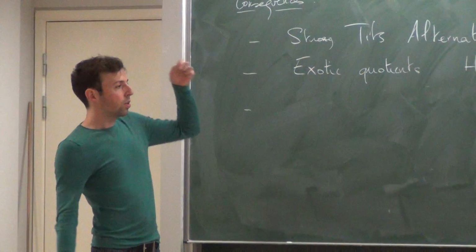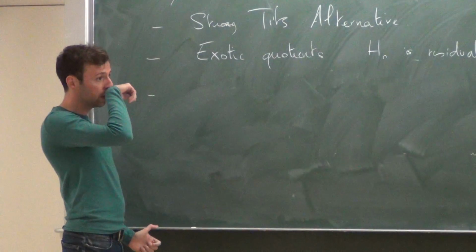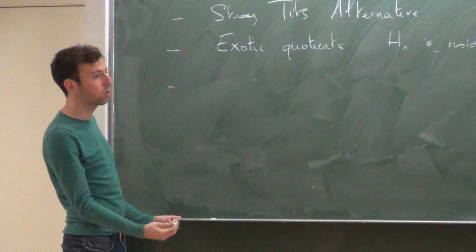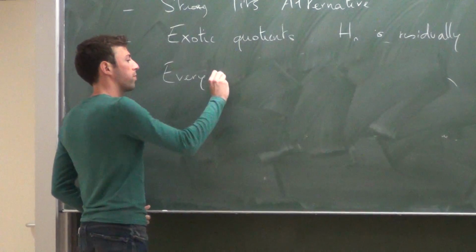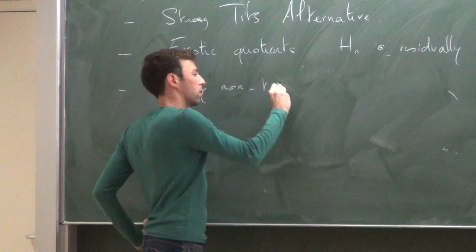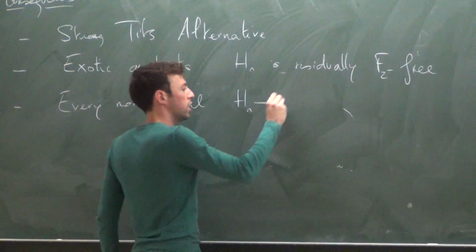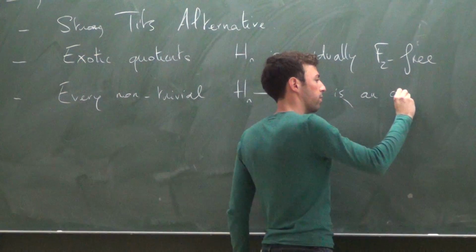And so maybe one last consequence: the endomorphisms and the automorphisms of the Higman group. So we've got a very strong form of the Hopf and the co-Hopf property of the group, so that every non-trivial endomorphism from Hn to Hn is an automorphism.